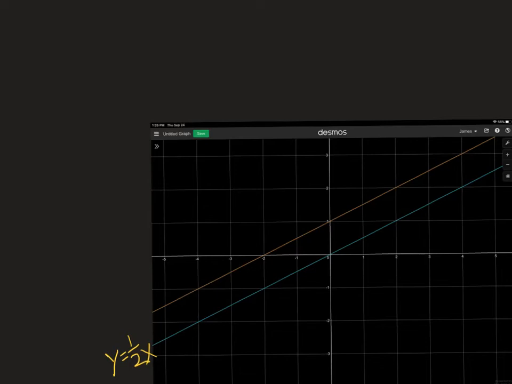The equation of that second line is y equals 1/2 x plus 1. And the original I'll put right next to it, y equals 1/2 x. I wonder what causes that drift up by 1 unit. I know, really tough, right?